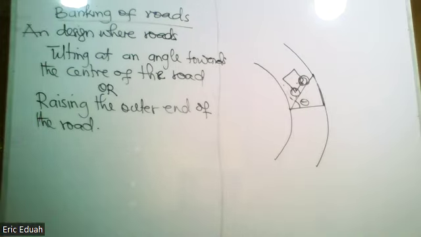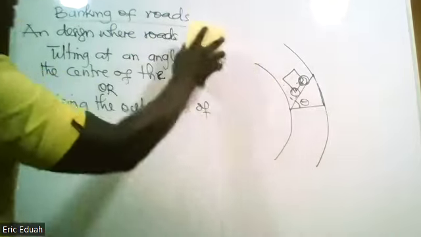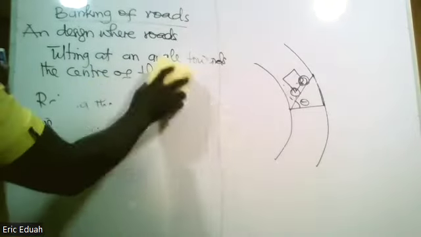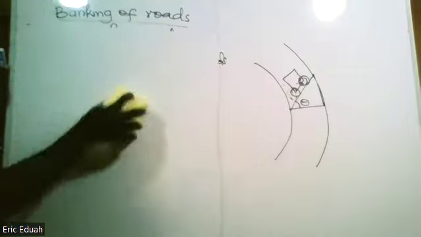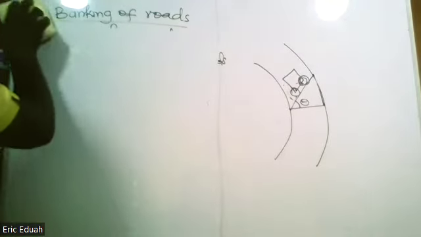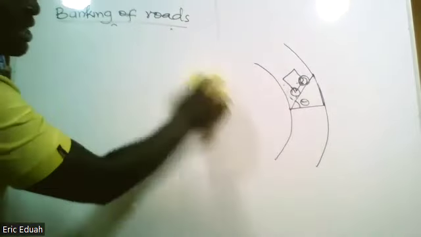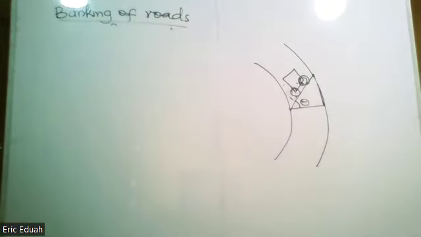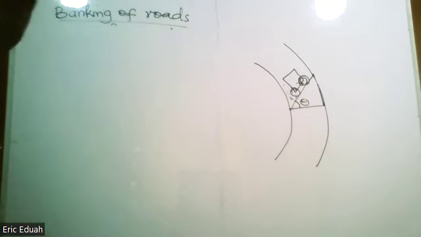So when the road is banked, drivers do not usually depend on friction, especially when there is no friction. Drivers do not depend on friction to turn, meaning something else provides the centripetal force.